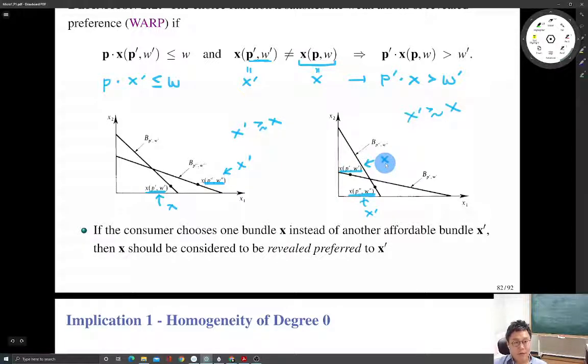That reveals x is preferred to x prime. Now the preference ranking is reversed. That is a violation of the WARP. So the WARP can be thought of as the consistency assumption on the revealed preference, the assumption for minimal consistency.